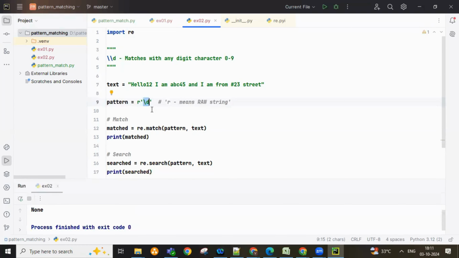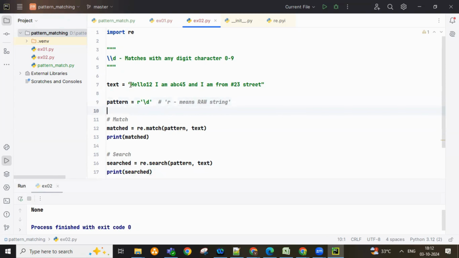What search does is it gets the pattern. What is the pattern? \d. \d means any single digit character. But when it matches the first one, it stops searching and returns the match.